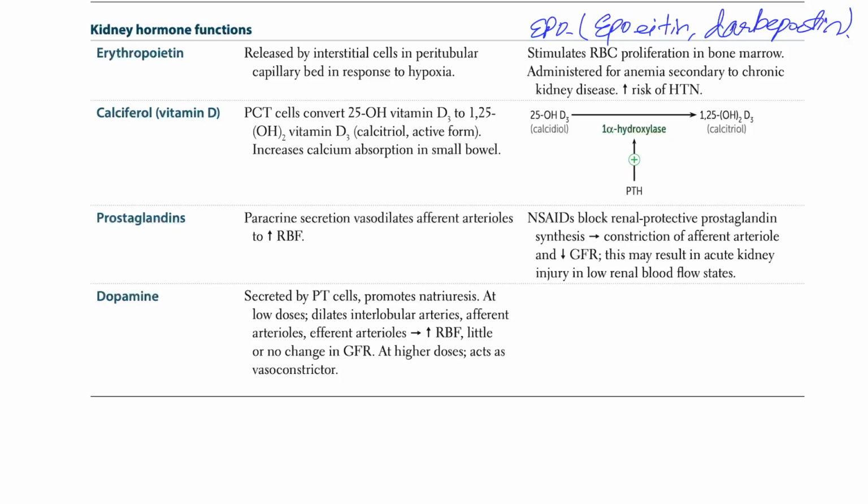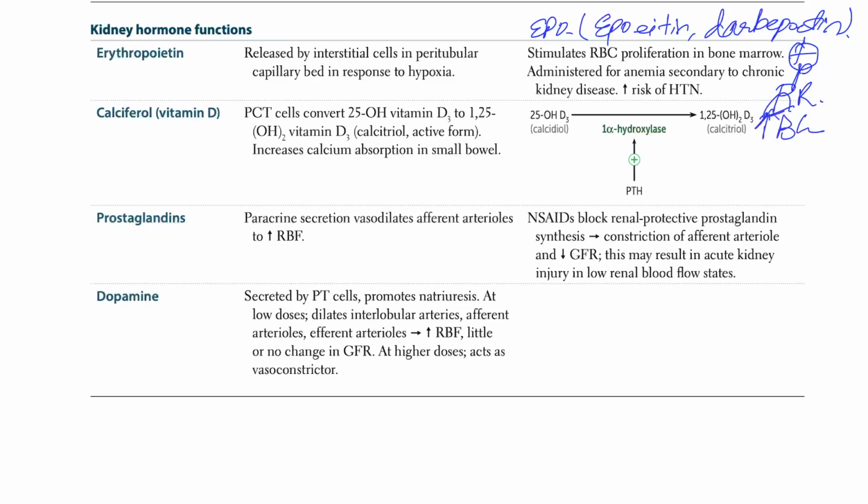Those are the exogenous supplements for the EPO. They stimulate erythrocyte production, which leads to an increase in RBC mass, which causes an increase in blood viscosity.